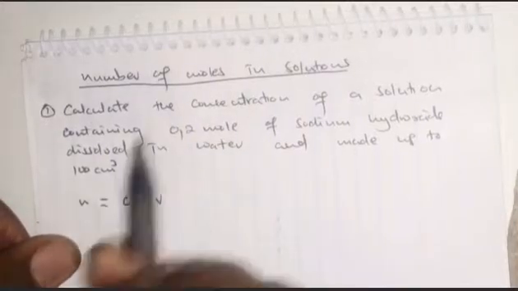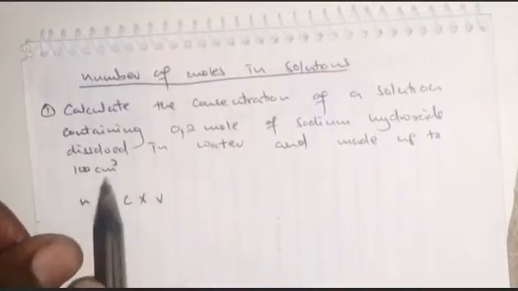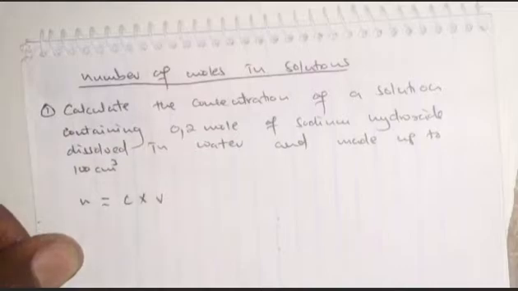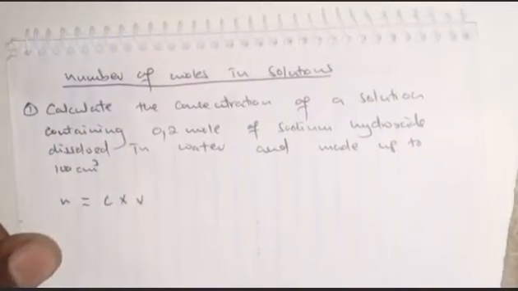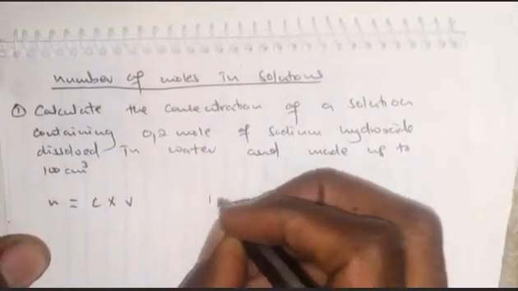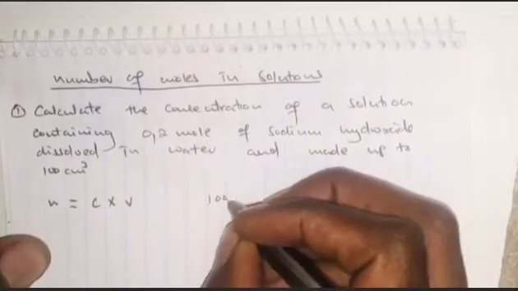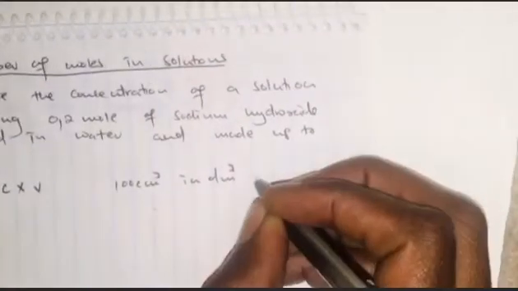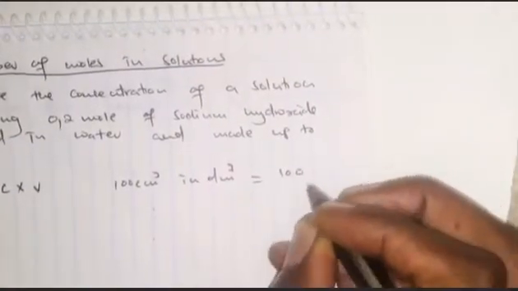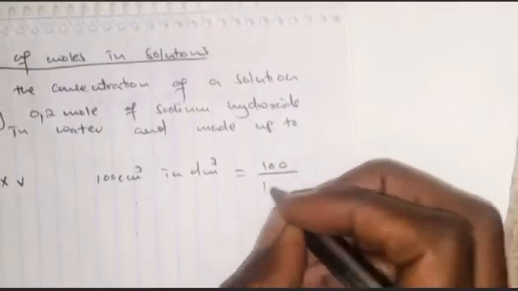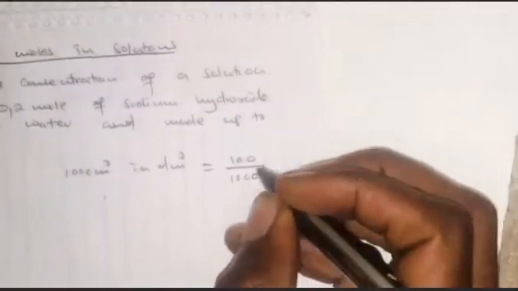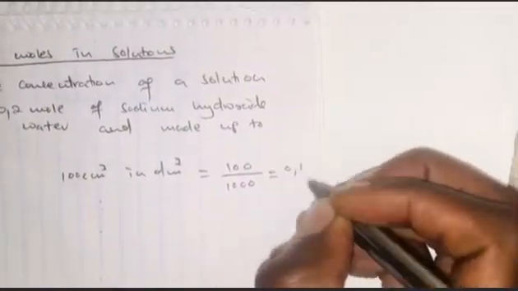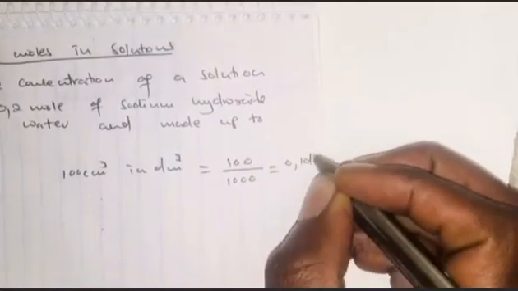So here we can identify the number of moles and we can identify the volume, but now the volume is in cubic centimeters. So 100 cubic centimeters in dm cubed is equal to 100 over 1000. Then of course this gives us 0.1 dm cubed.